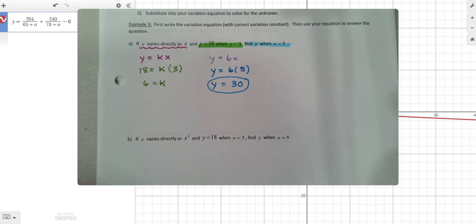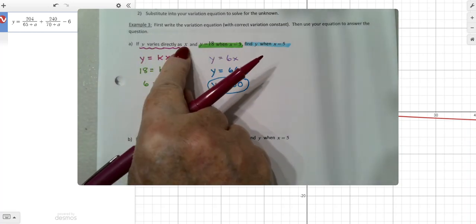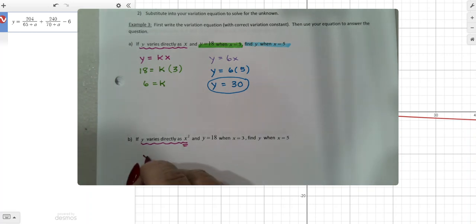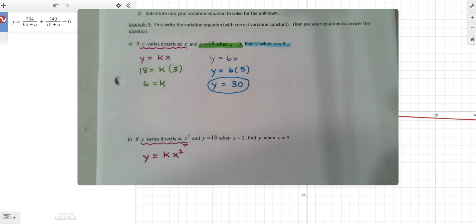Notice how the statement in Part B differs from the statement in Part A. Instead of y varying directly as x, now y varies directly as x squared. So I'm going to modify my variation equation just a little bit. I'm now going to say y equals k multiplied by x squared. It's still direct variation, so it's still k multiplied by, but x squared instead of x.